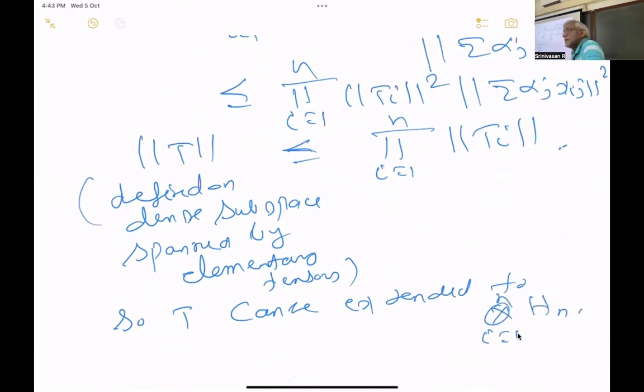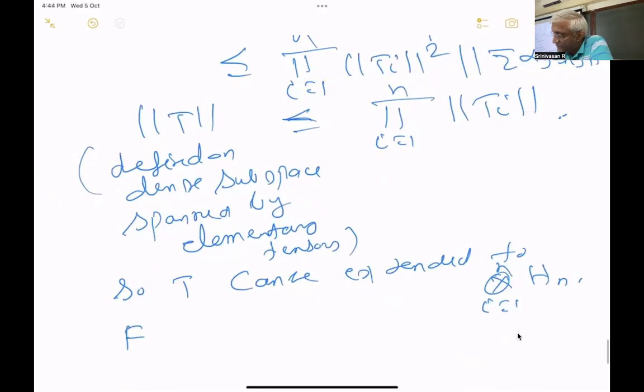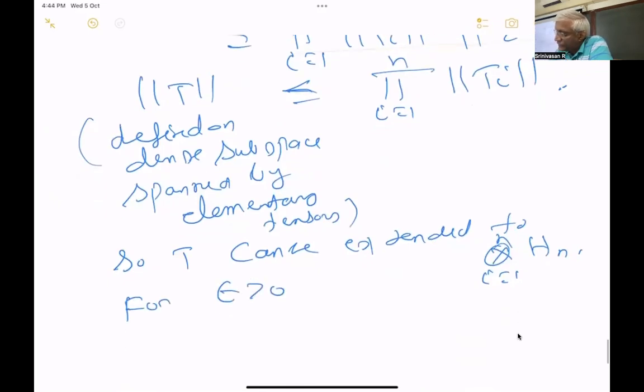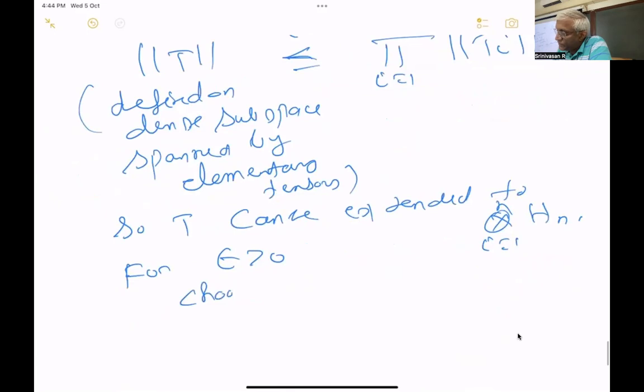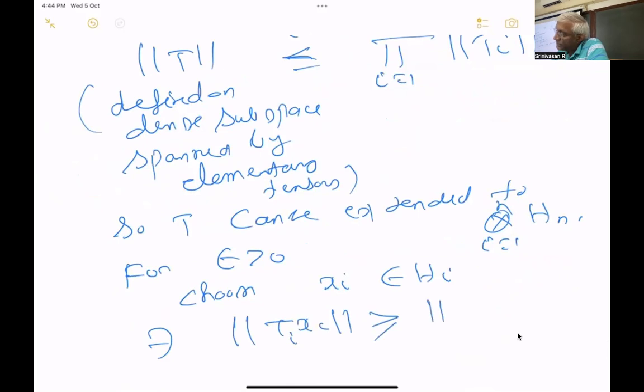Now, we have only proved that the norm is less than or equal to the product of norm T_i. We have to show that the norm is attained or can be approximated for any given epsilon. Now, for epsilon greater than 0, choose x_i in H_i such that norm of T_i x_i is greater than or equal to norm T_i minus epsilon, with norm x_i equal to 1, which is always possible.